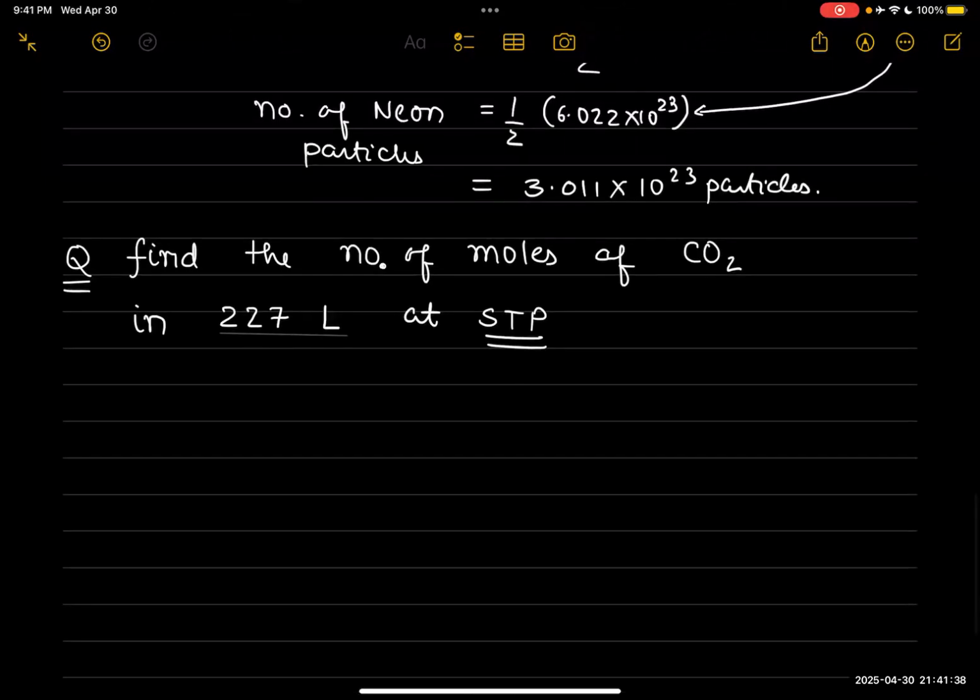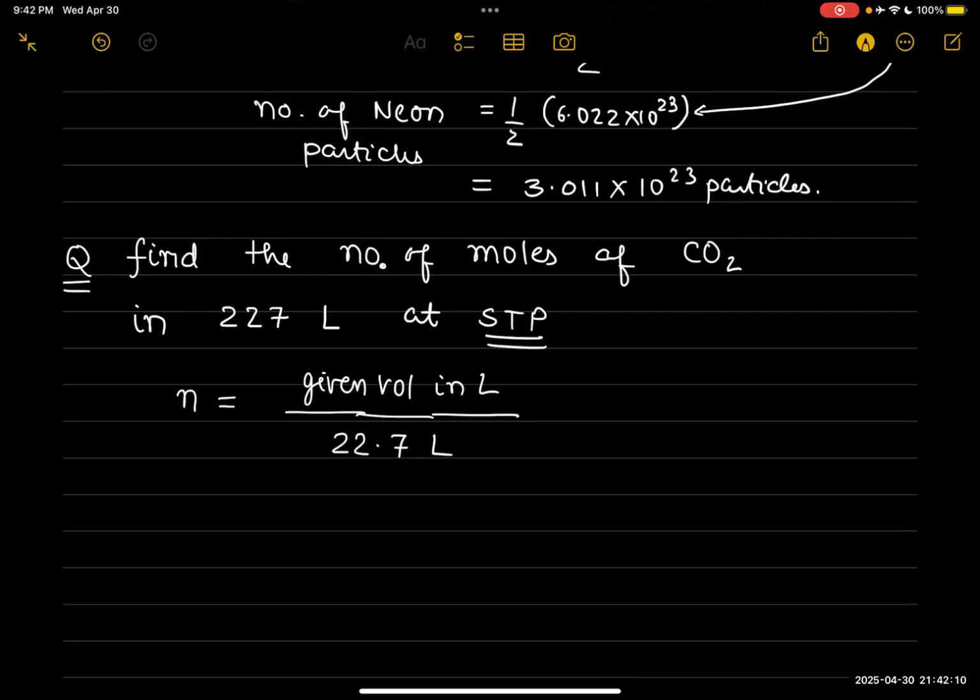You can remember this formula: number of moles equal to given volume divided by molar volume. You can write it in words first. Number of moles at STP equals given volume in liters divided by 22.7. This is to be applied for gases only.